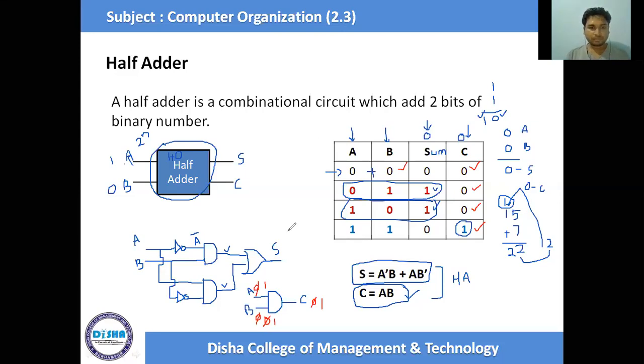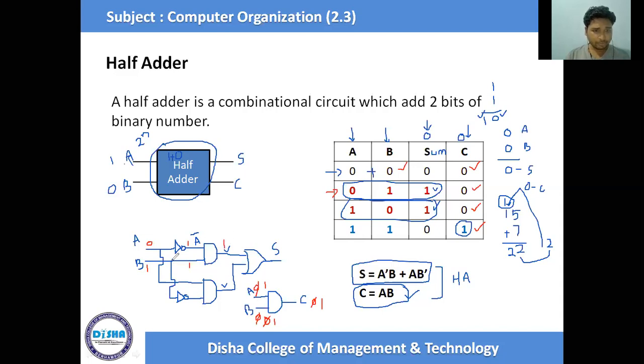We can prove this circuit diagram also by providing two input values. Just look at this one. When I supply A equals 0 and B is 1, through this NOT gate, when 0 is supplied here, it becomes 1. So for this AND operation the input values are 1 and 1, and it will produce the result 1 here.